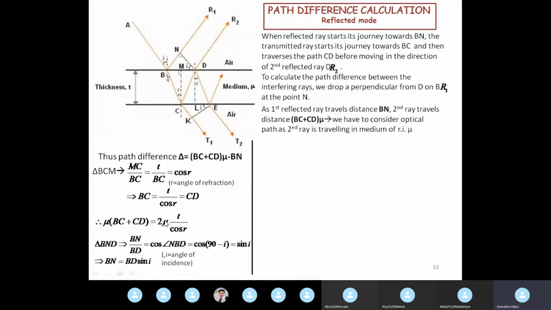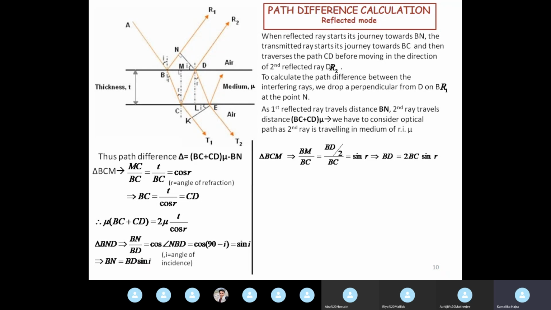BC plus CD into mu is 2 mu T by cos R. BN is BD sin I. So now we need to know the value of BD over here, where I is the angle of incidence. So what is the value of BD?